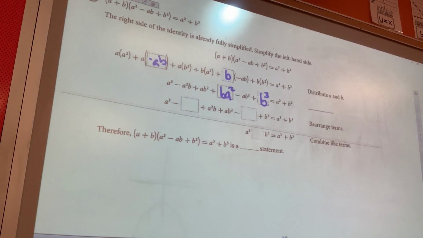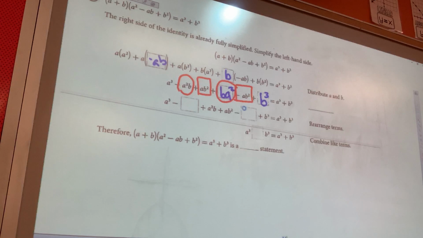Here is an a squared b, and here is an a squared b. It doesn't matter that the b is listed first. So now we're going to have a cubed minus, what happens with those? They cancel out. So that cancels out and that cancels out. What happens here? We have ab squared and negative ab squared.